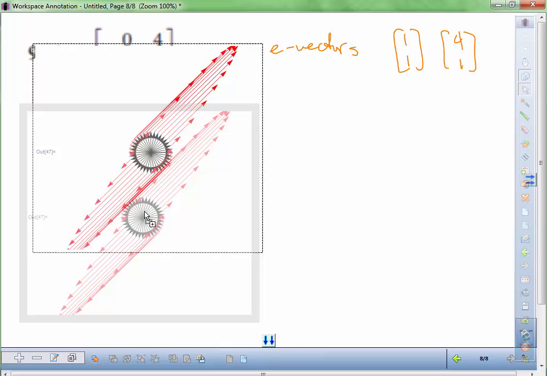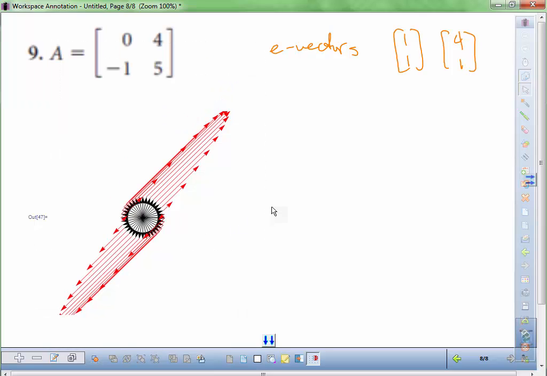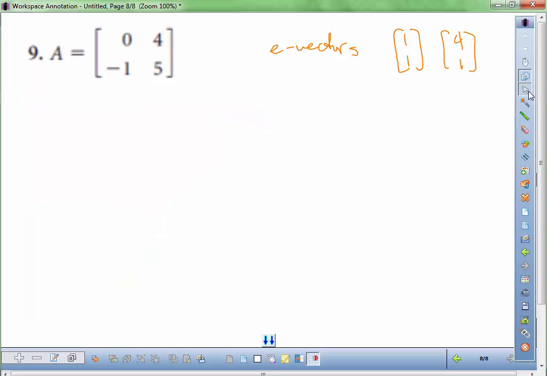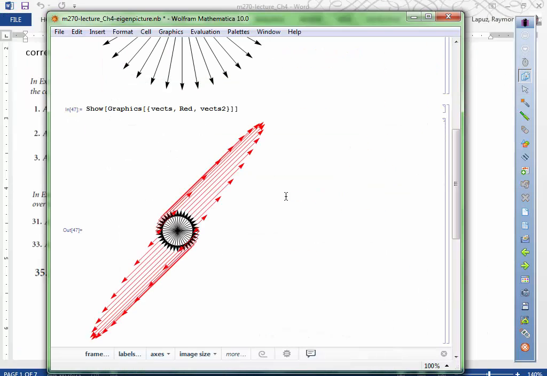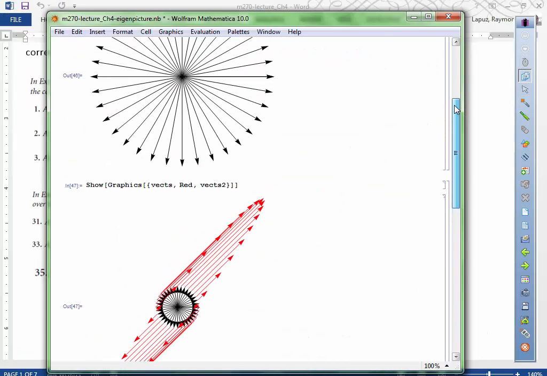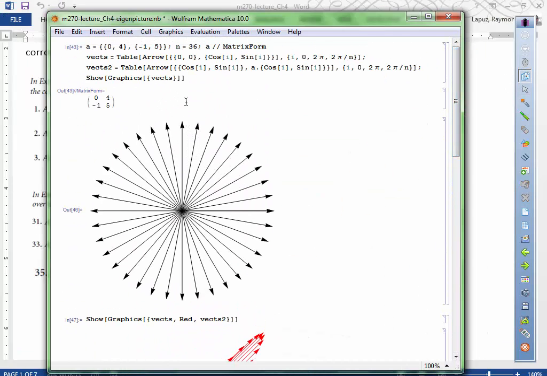I was going to say we can clearly see. Okay, it's not so clear. So let's trim it down to, remember, we had 8 vectors, and it came up really nice. So let's do 8 vectors.